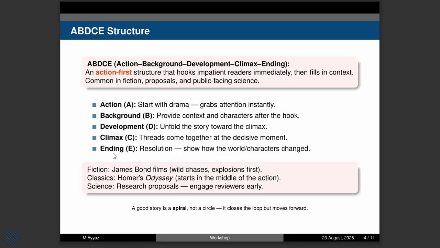And in the ending, we give the resolution of our story. It tells us what kind of understanding we have gained, or how the characters of our story have changed after all this.